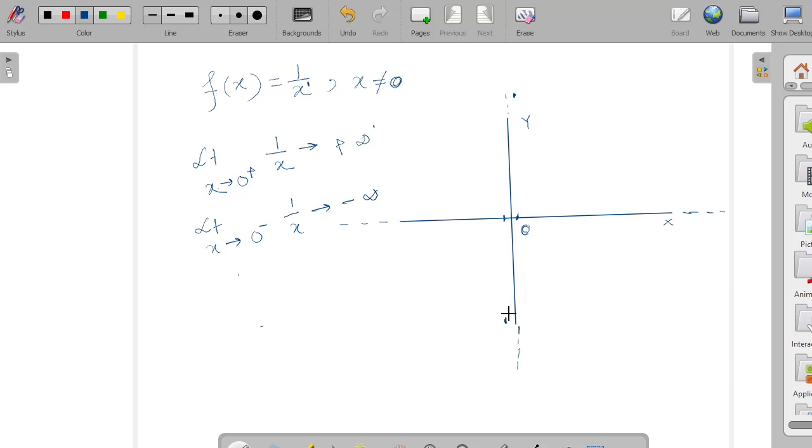Okay, so we are getting some idea of where the graph will be plotted.